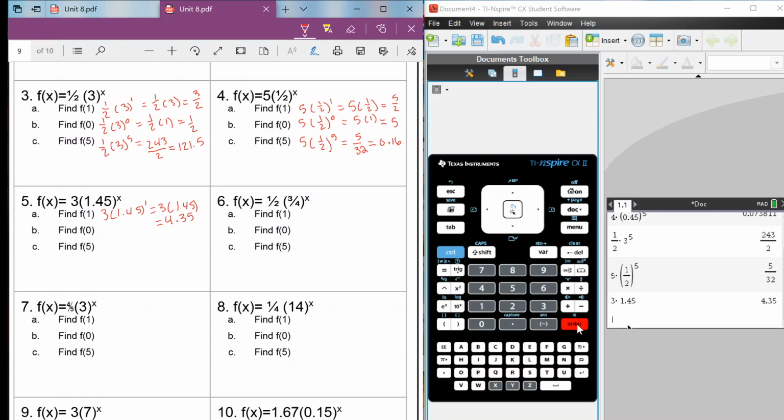We know that if we plug in 0 for x, that's always our y-intercept. So right away, I can just say that this answer is 3.